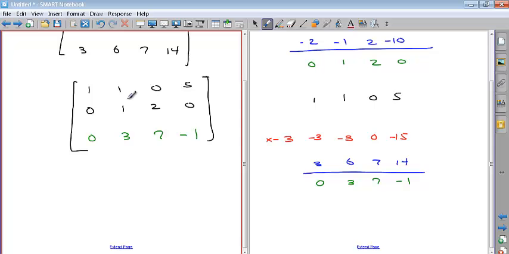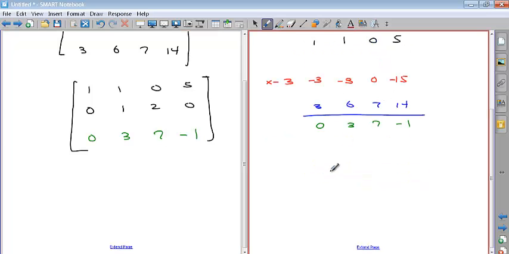Okay, now what we want to do is get 0 here. Ultimately we may have to go one more step to get 1 here, but we want to get 0 at this point. So in this case, we're going to take the second row, not the first row.